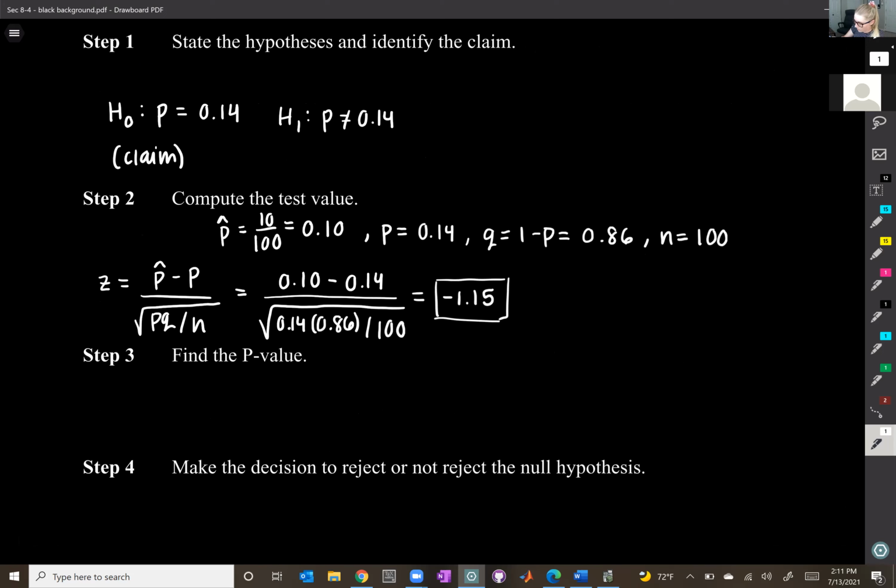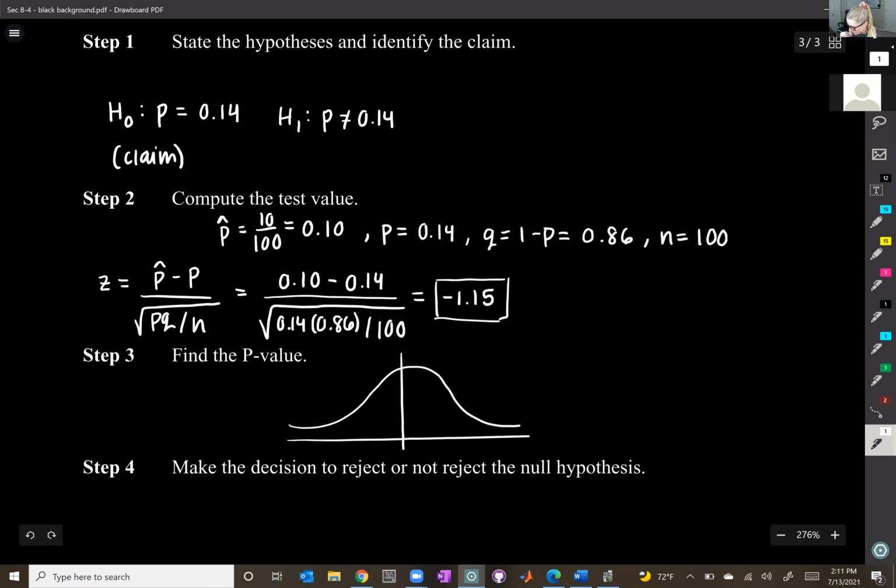All right, so I'm gonna draw my little thing here, and right here goes negative 1.15. So I want to know what's in this tail.